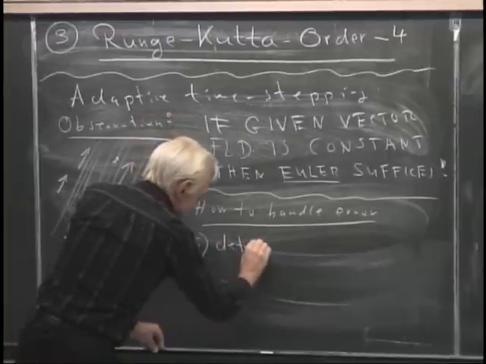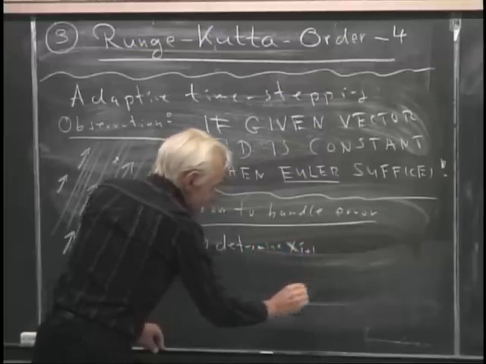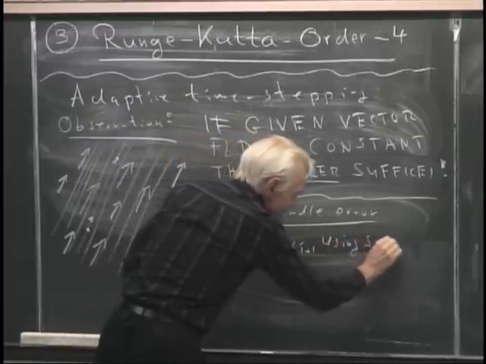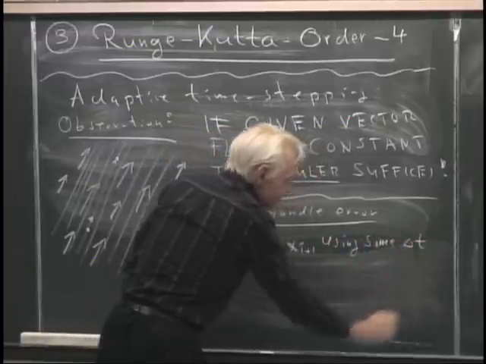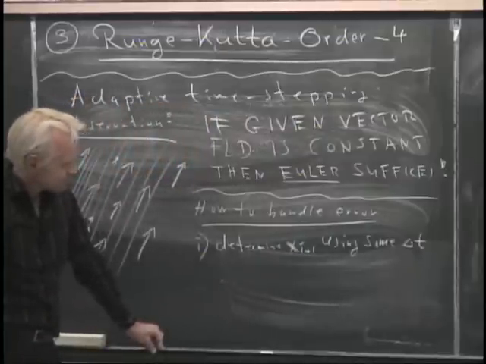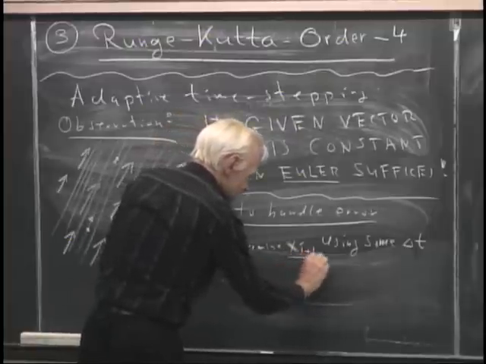The next point is always x i plus 1, using some delta t value. And you get an x i plus 1.